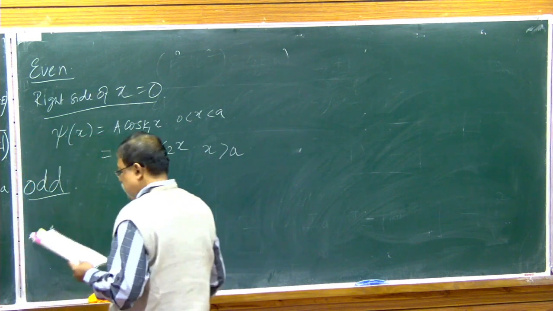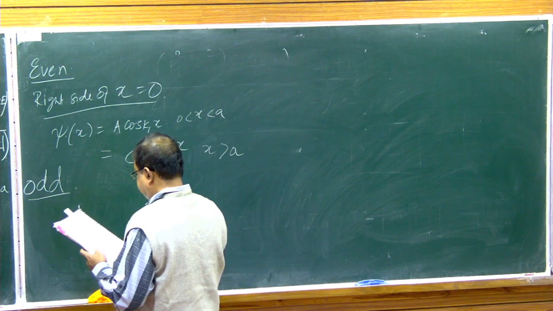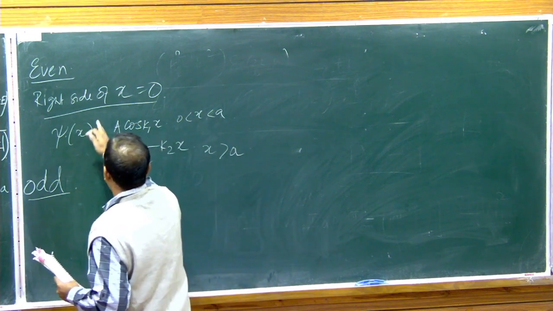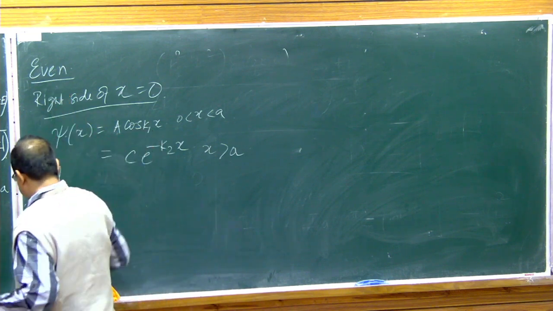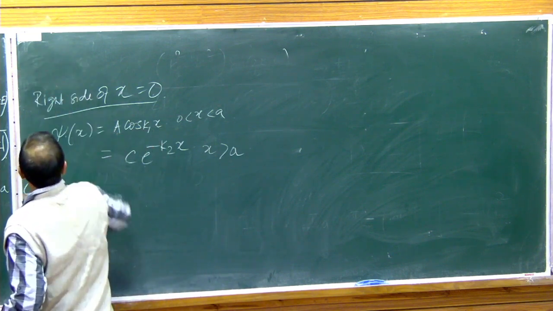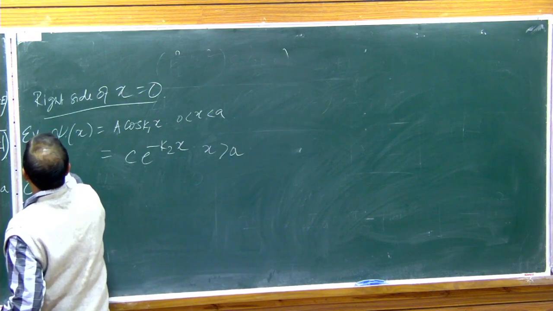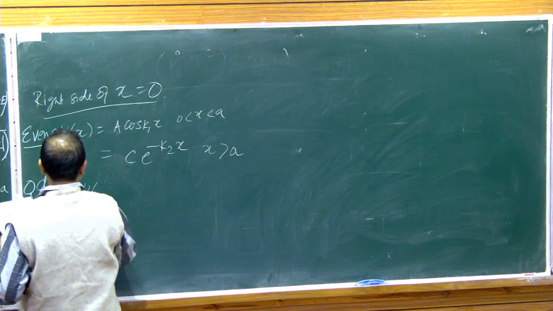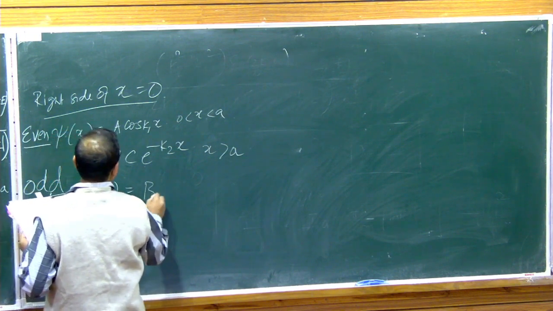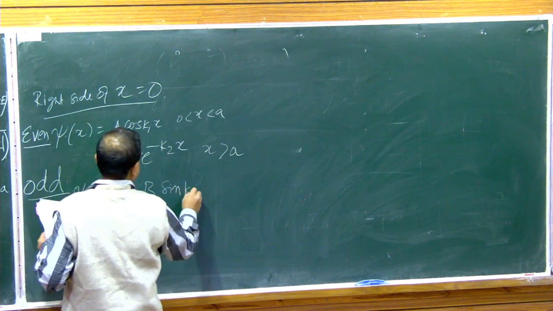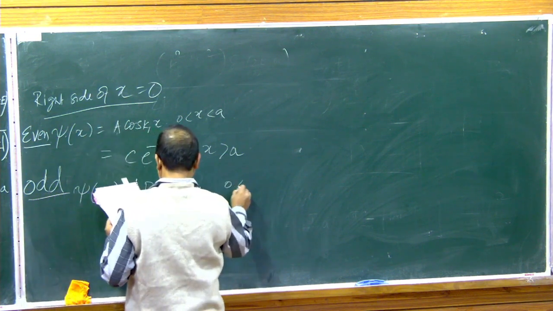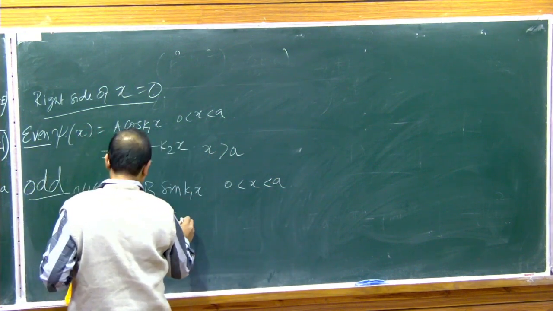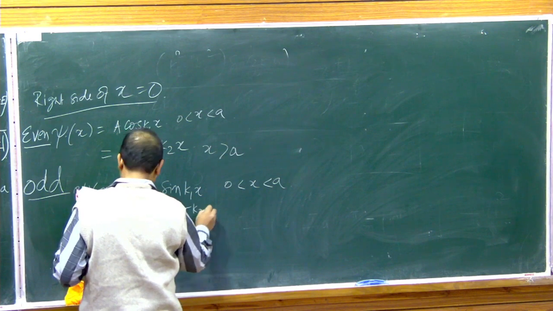So for the odd solutions, for the same right side, psi of x equals B sine k1 x for 0 less than x less than a, and this is equal to C again exponential minus k2 x.